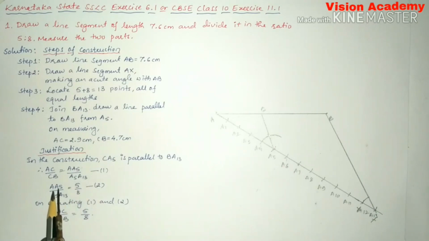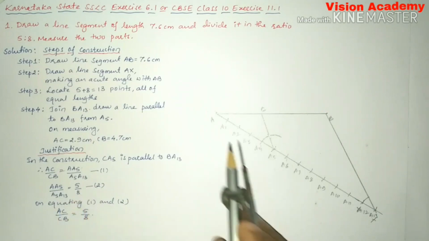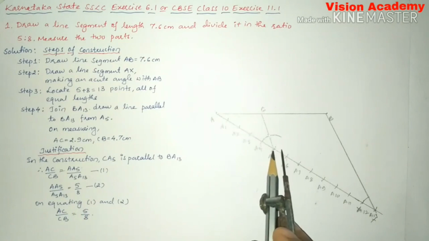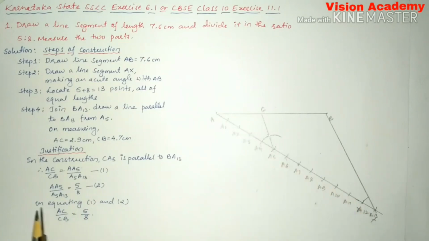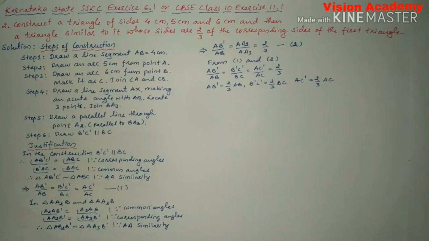So here A5 divided by A5A13 is equal to 5 divided by 8 because it is divided in 5 into 8 proportions. So on equating equation 1 and 2, AC by CB is equal to 5 by 8. Hence the justification.